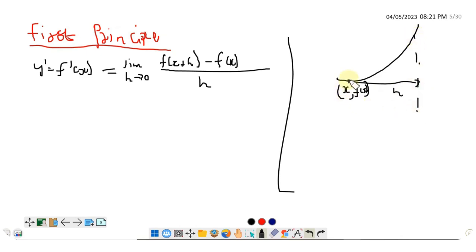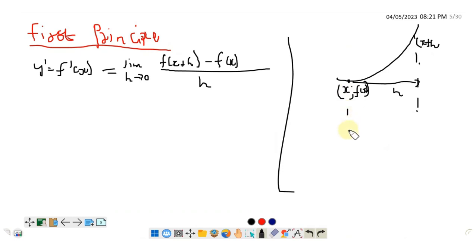It's now the x that was here plus h. You were at x but you moved h units, right? So when you get here, you are now at x plus h. That is the x value there.